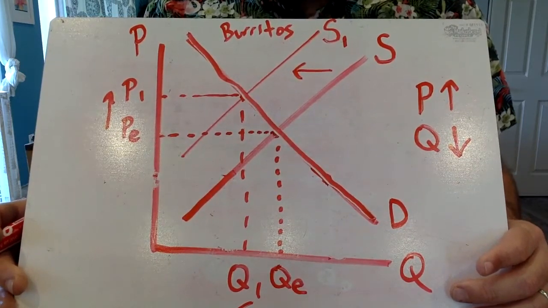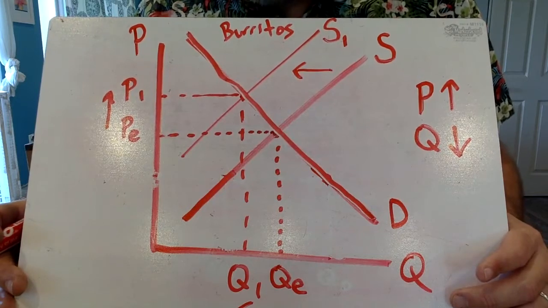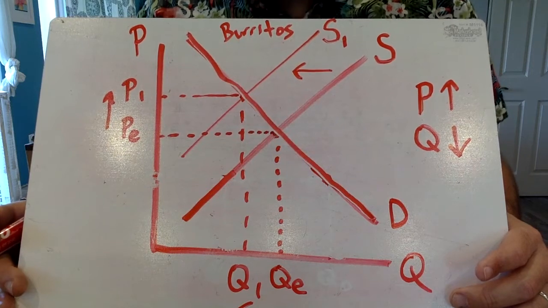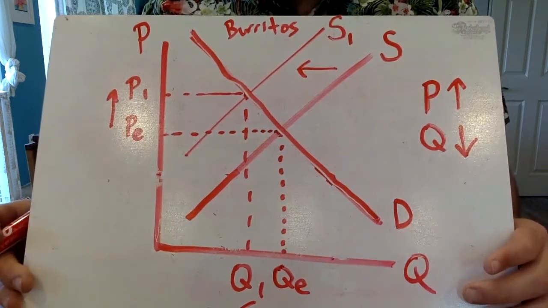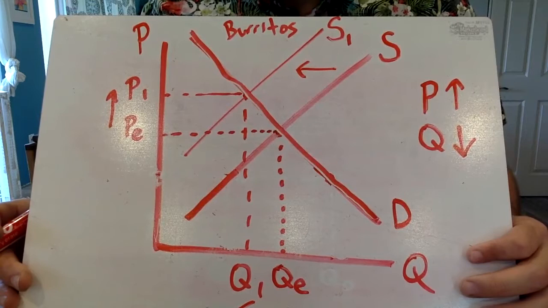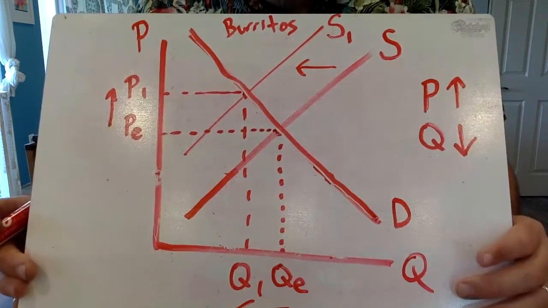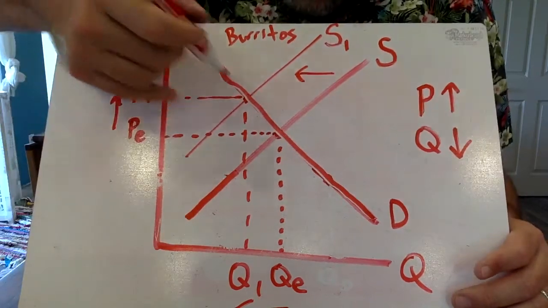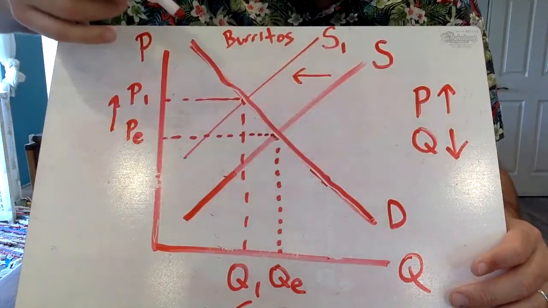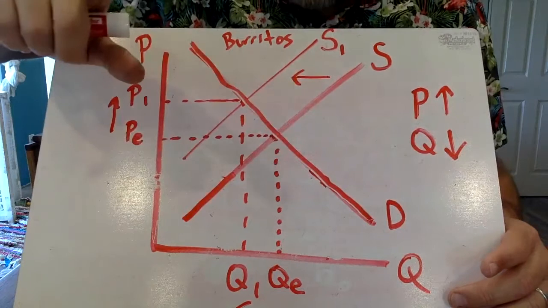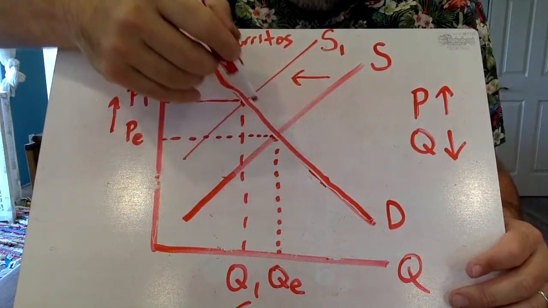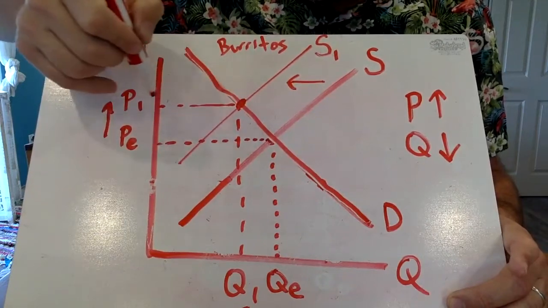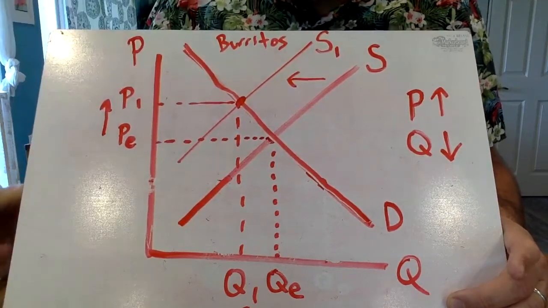I don't care that the taco shop is having a hard time getting carne asada. That doesn't matter to me. What matters to me is the flavor and the taste and the satisfaction that I get, and that's unchanged. So my demand hasn't changed at all. But what does happen when supply shifts, we get a new equilibrium, price went up.